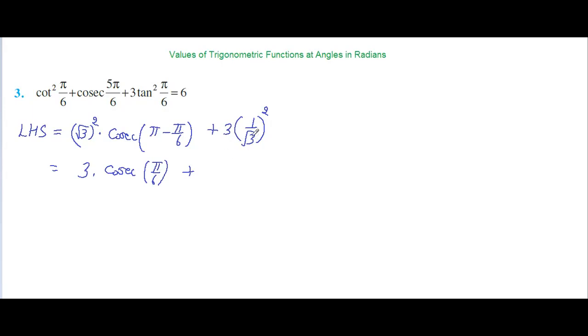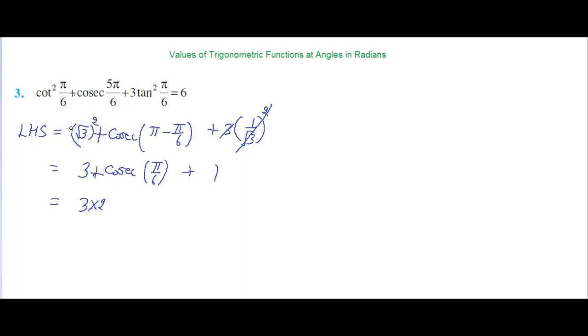This cancels actually. This is 1. Cosec pi by 6 means cosec 30, reciprocal of sine 30, that is 2. So this is 3 multiplied by 2. And actually there was plus in between the first two terms also.